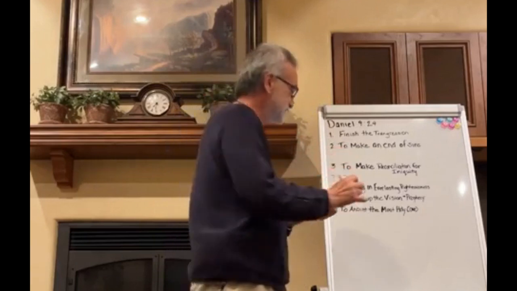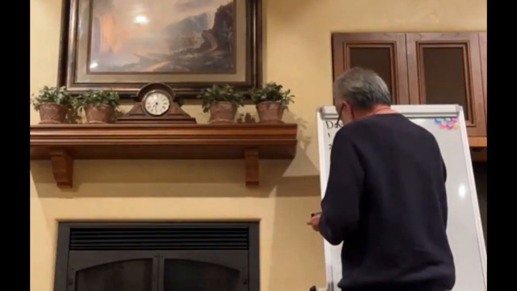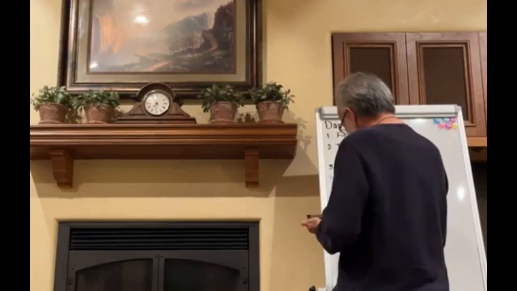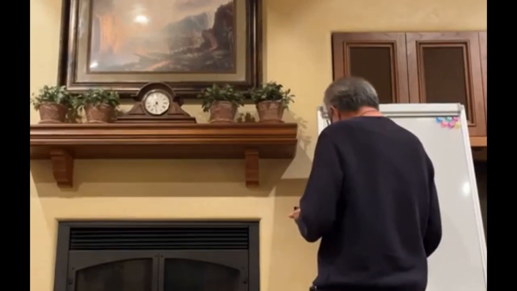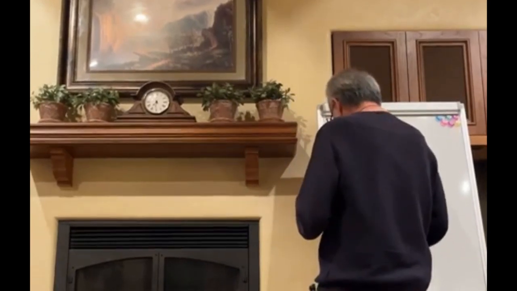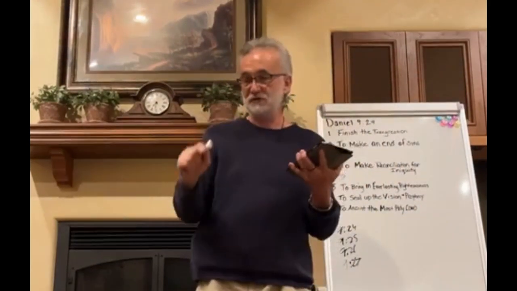Because we have 3 verses. So we're going to kind of chart it out. Daniel 9:24, Daniel 9:25, Daniel 9:26, and Daniel 9:27. Okay, so 70 sevens or 490 years are for the Jewish people, for Jerusalem.